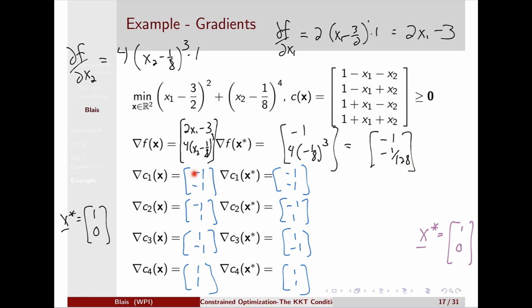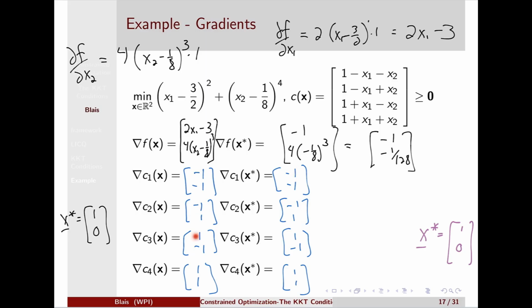And then when we take the gradients of each of the components of our c vector, you see here the gradient of this first c1 would be partial with respect to x1, which is minus 1, and partial with respect to x2, which is minus 1. And notice x doesn't show up in here, so the gradient of c1 at x star is just (minus 1, minus 1).